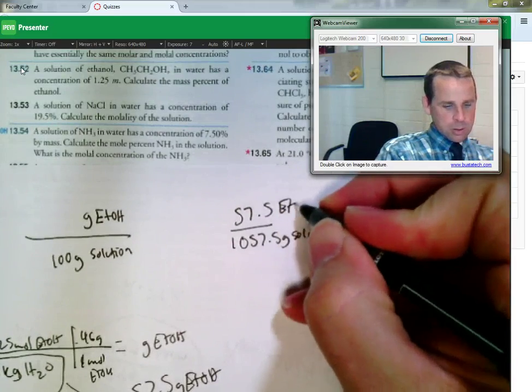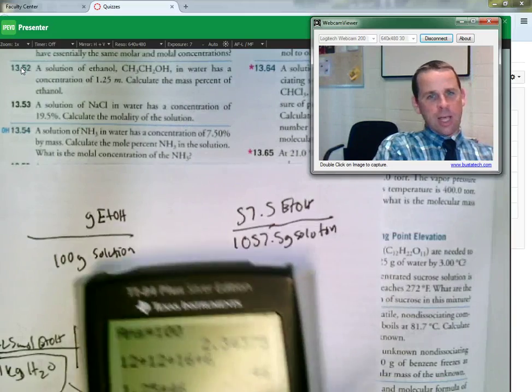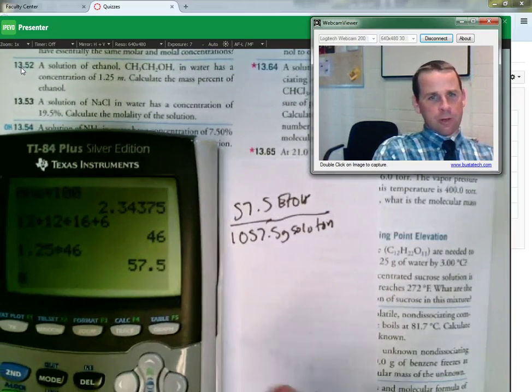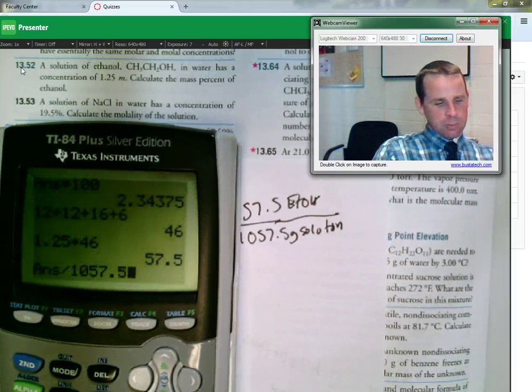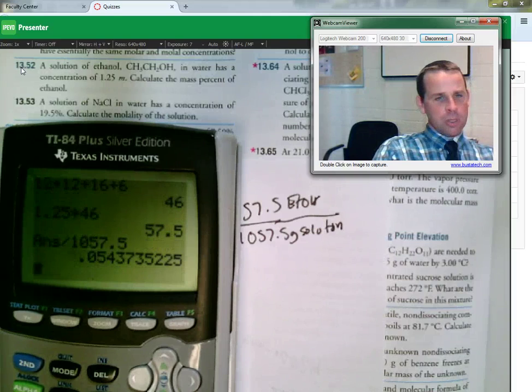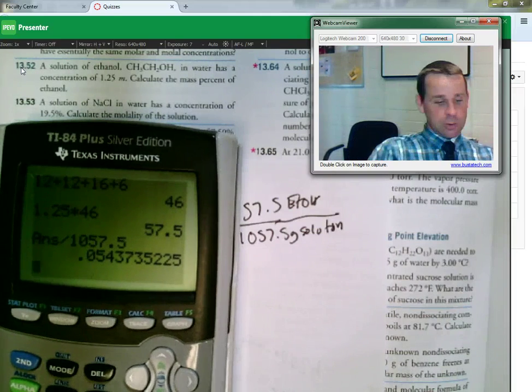This is grams of ethanol, right? The answer to that will tell me how many grams of ethanol I have for every gram of solution. So I divide that by 1,057.5, and that value right there, 0.0543, is how many grams there are for every gram of solution.